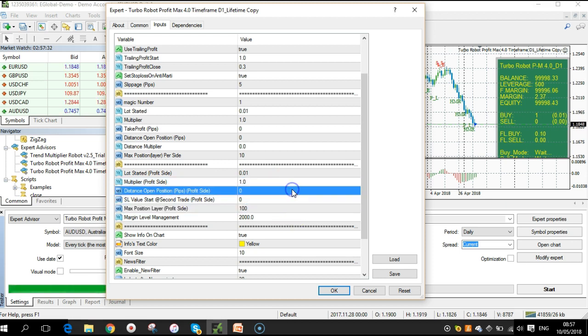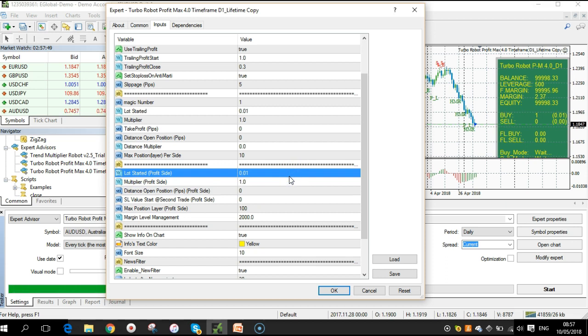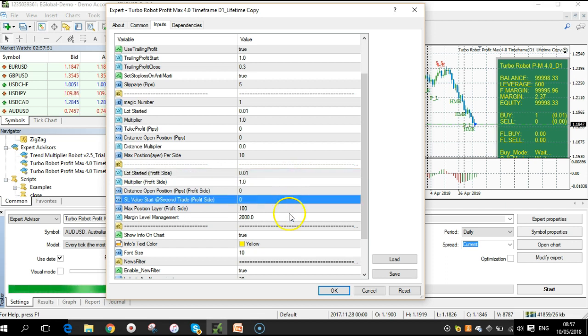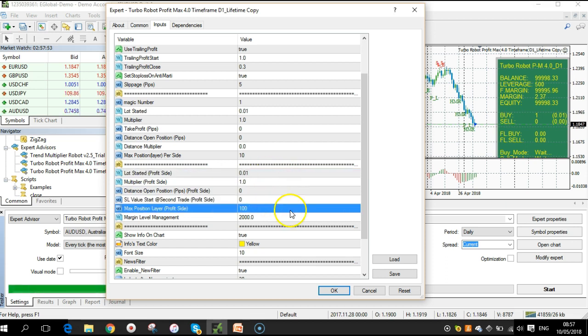So I don't want to do any martingale. It's because maybe my account allocation is not so big, or I have big enough money but I don't want to trigger any martingale. I just want normal trading, which starts with 0.01, and then I close it with 0.01. The rest will be the same.